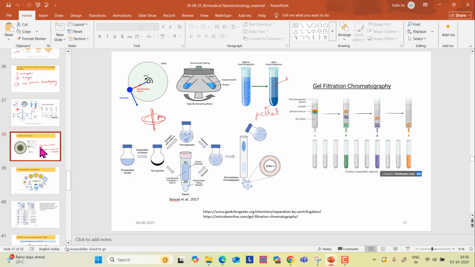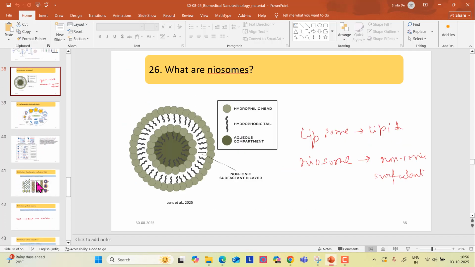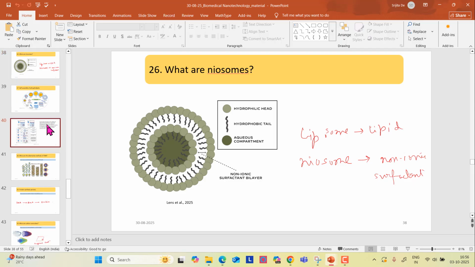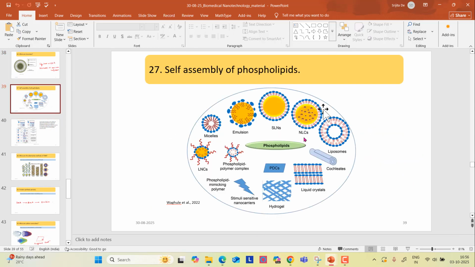Next is, so these are the different types of phospholipids. So this is the micelles. When these lipids are just arranged with one hydrophilic head and one hydrophobic tail, and that is formed around the particle, that is called the emulsion.